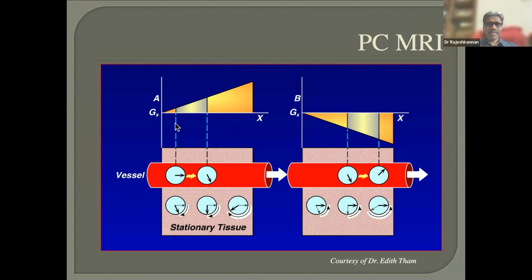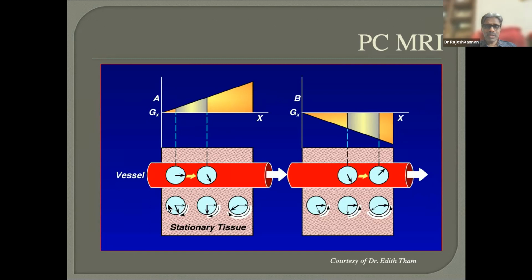When we apply this bipolar gradient, first we apply a positive gradient, then immediately followed by a negative gradient, which is exactly the same level as the positive gradient. So let us see what happens when we apply the positive gradient. The tissues along the gradient experience different levels of magnetization.